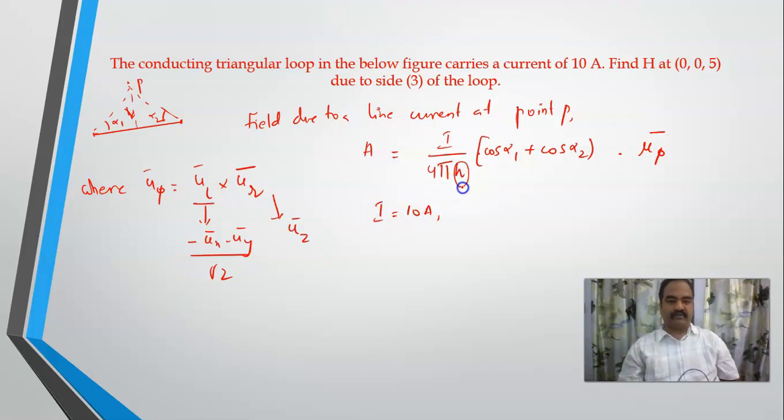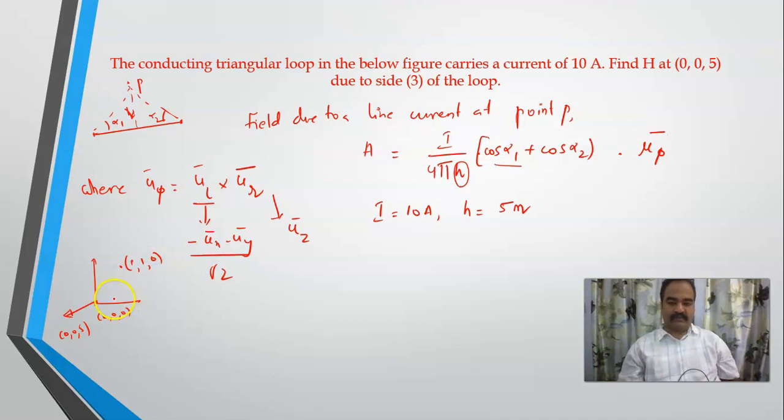And the shortest distance we have already got it. What is the shortest distance? You have seen the shortest distance, right? It was 5 meters. Right, and cos alpha 1. Cos alpha 1 is the angle. See, my 0, 0, 0 point is here, and this point is 0, 0, 5, and this point is 1, 1, 0.